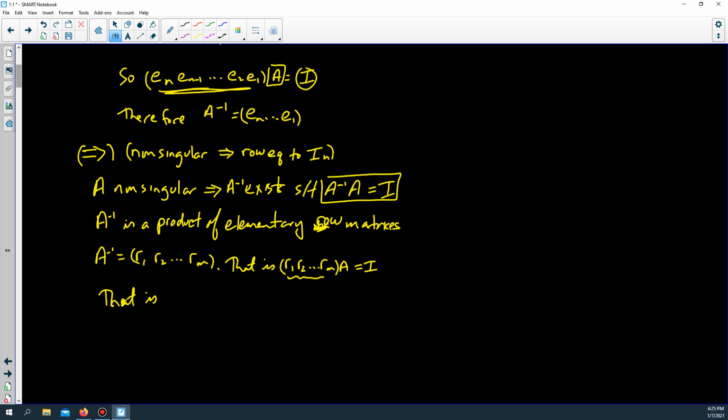That is, A is row equivalent to, so now if you take A and you multiply it by one or more elementary row matrices, whatever you end up with, A is row equivalent to that. But we happen to end up with IN. So A is row equivalent to the n by n identity matrix. And that is what we set out to prove. We did prove it. That completes the proof.